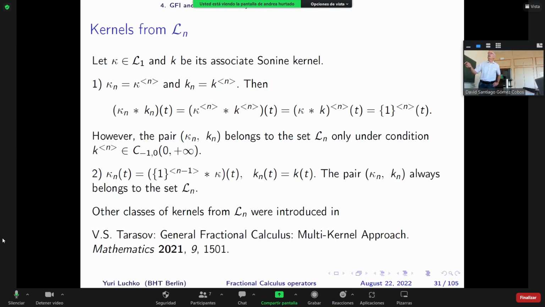But of course we have to ensure that the n-fold convolution of k belongs to this space, because it's not automatically the case.